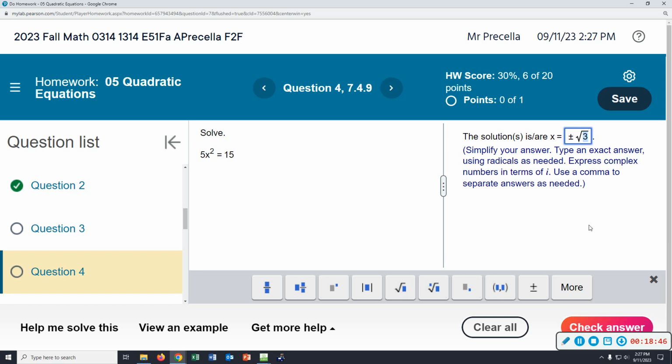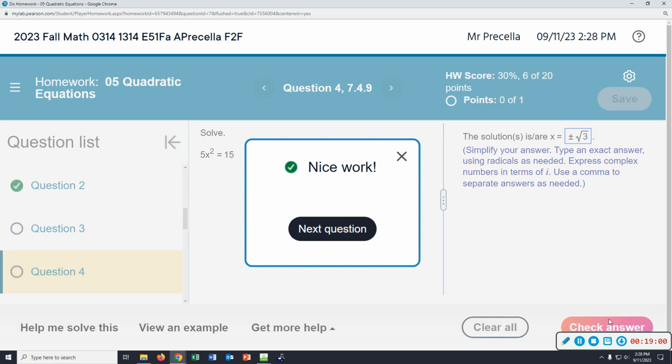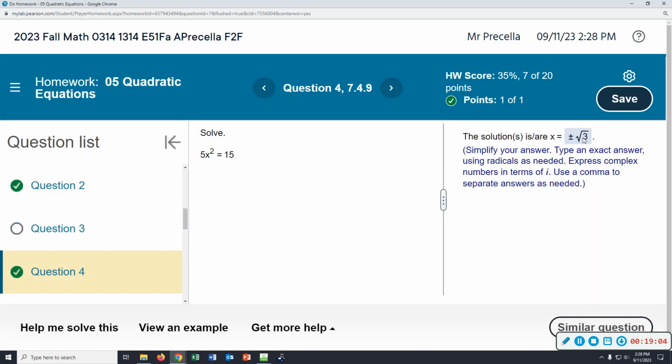Now, a word of warning. If you're looking at a viewing example or something like that, they'll keep writing up the answers as square root 3, comma, negative square root of 3, rather than that plus minus. But we can use the plus minus, okay?